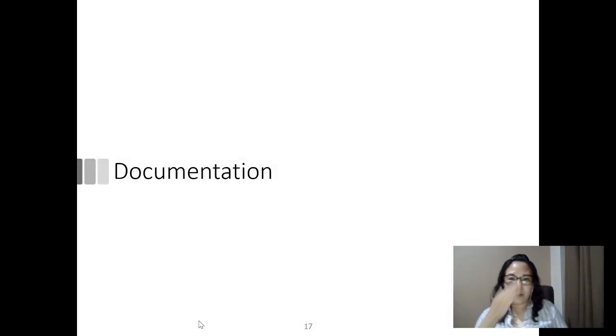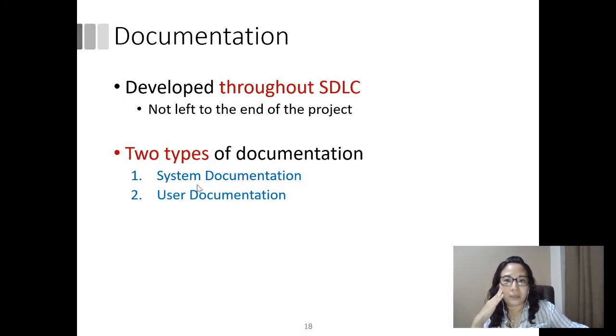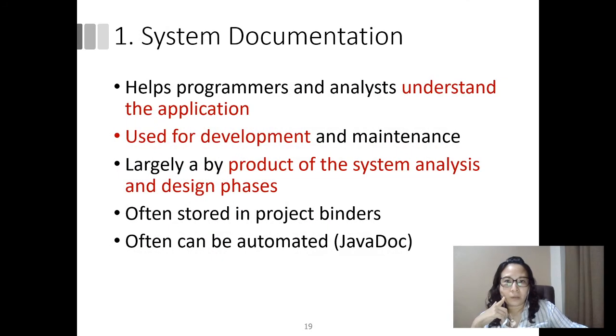Okay, so after the test script, we can go to the documentation, where the documentation will consist of system documentation and user documentation. The system documentation is sometimes also called the technical documentation.